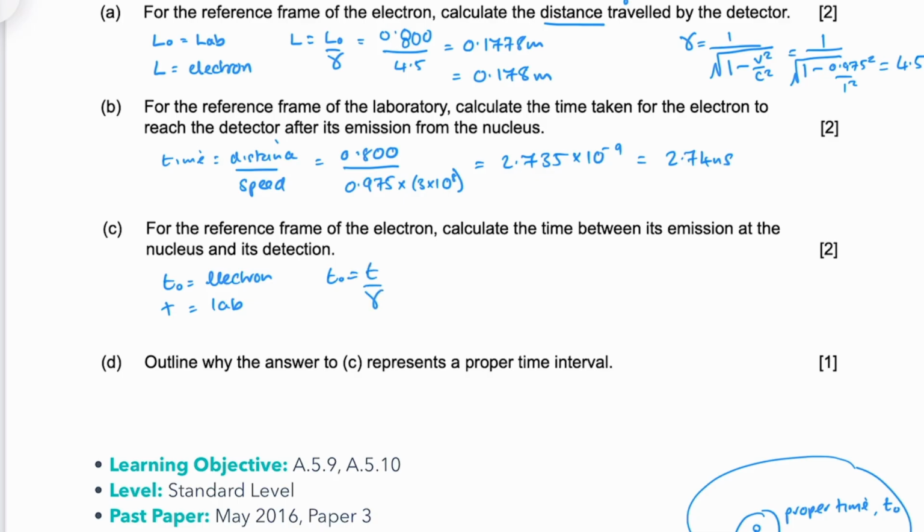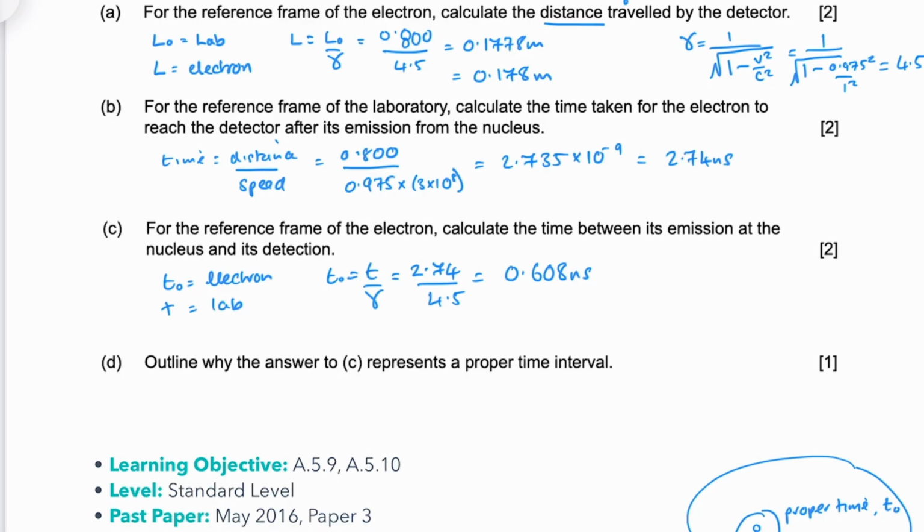We want to find out what T naught is. And we know that the time for T naught, the electron, is going to be smaller than the time experienced by the lab. Great, so if we take that time divided by 4.5, it is going to be smaller. Everything's working out fine. Divided by 4.5, which gives us the answer 0.608 nanoseconds.